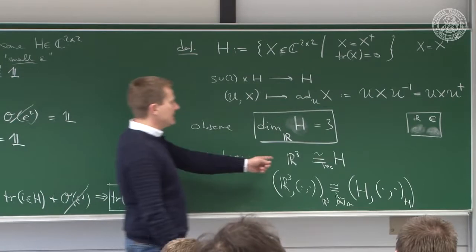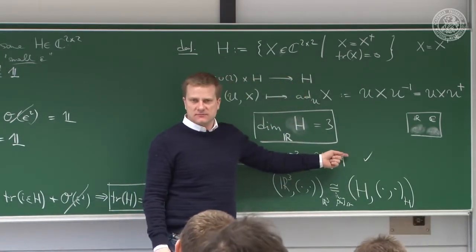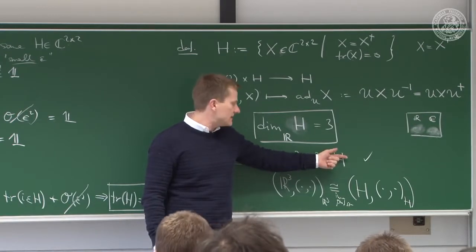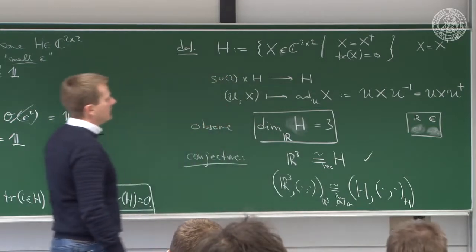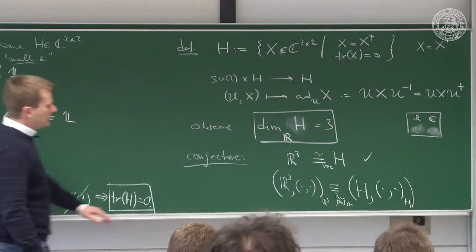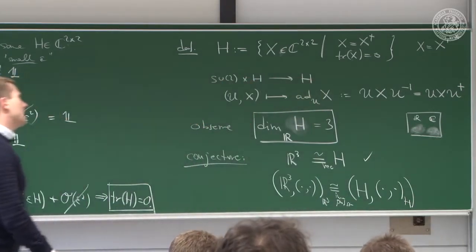So this here is clear, but in order to have an isomorphism, I need to construct a particular map. We know there is one, but then the claim is that with respect to such a map, I can also show that here with the standard inner product and here with an inner product to be defined, they're isomorphic as inner product spaces.